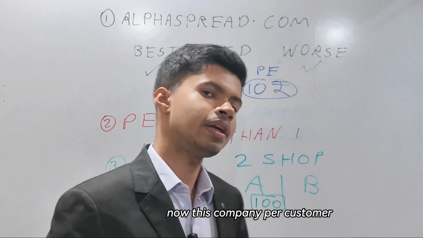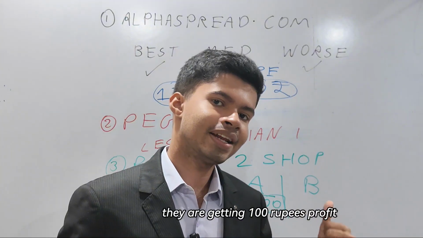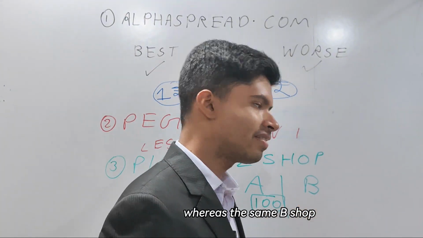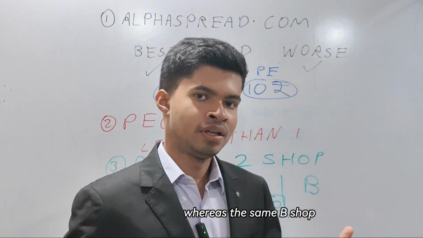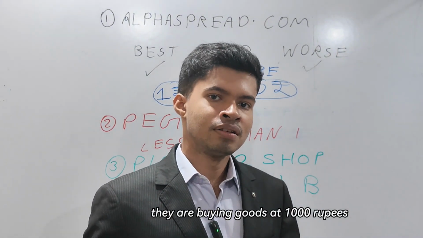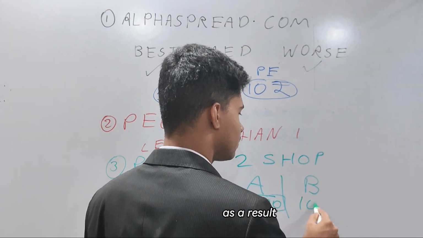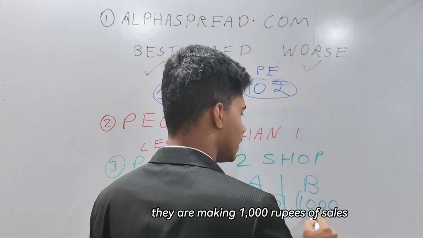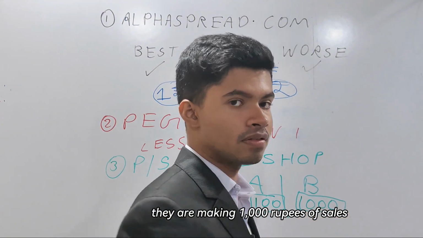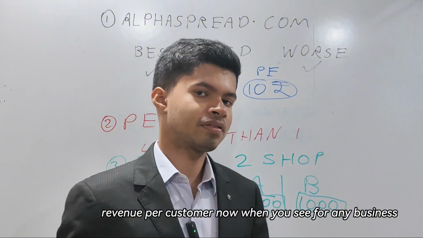Now this company, per customer they are getting 100 rupees profit, whereas the same B shop, they are buying goods at 1000 rupees and they are selling their goods at 2000 rupees. As a result, they are making 1000 rupees of sales revenue per customer.